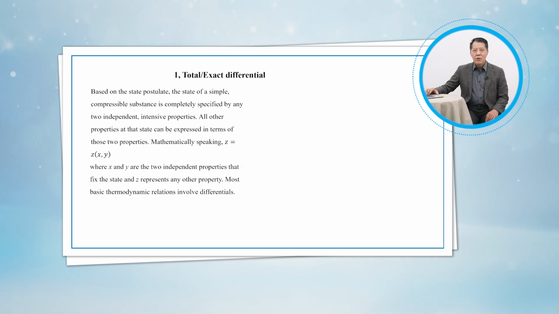These are all functions of two independent variables of the form z equals z(x,y), with x and y being the independent variables. It might also be recalled that the differential of every property is exact.